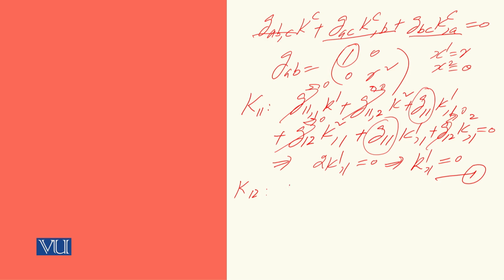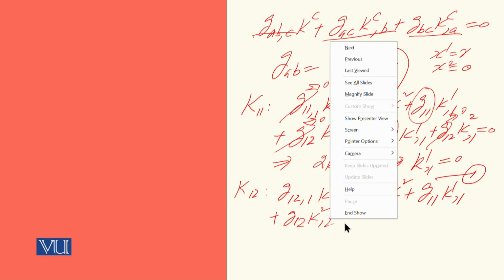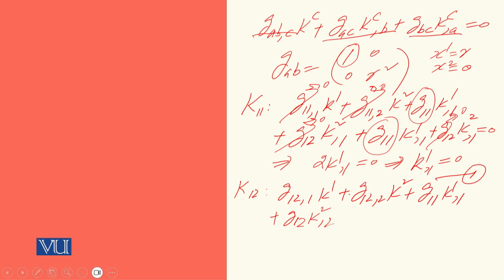Using the same procedure, G12 comma 1, G12 comma 2, G11 k1 comma 2 plus G22 k2 comma 1 is equal to 0.